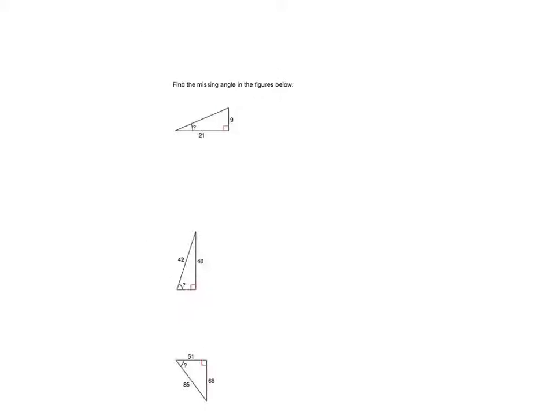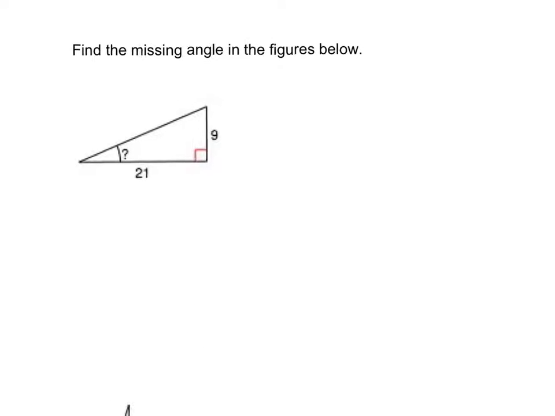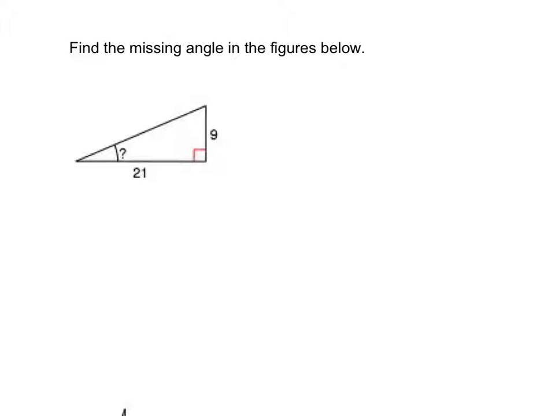So let's do a few more examples to find missing angles using inverse trig functions. So we want to find our angle. We have the opposite side of 9 and the adjacent side of 21. So again, we want to use SOHCAHTOA.